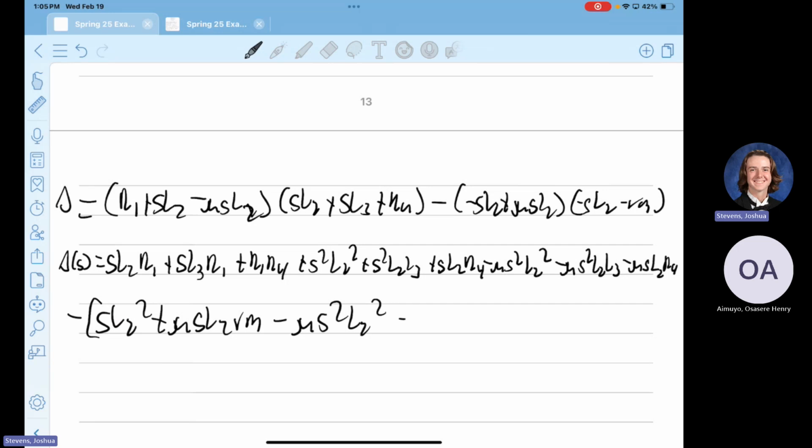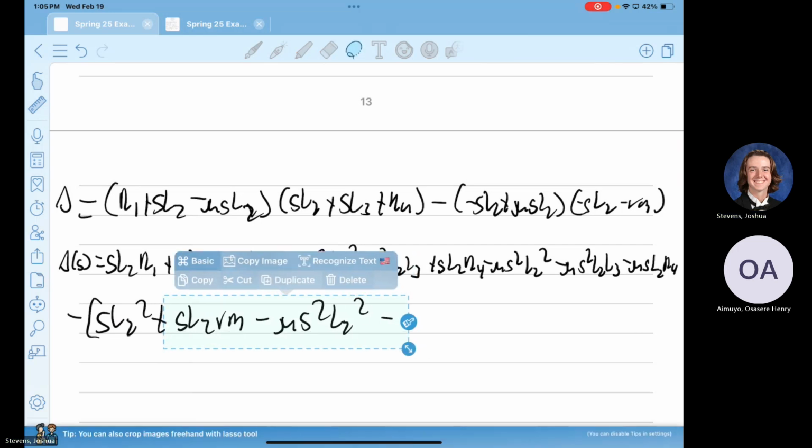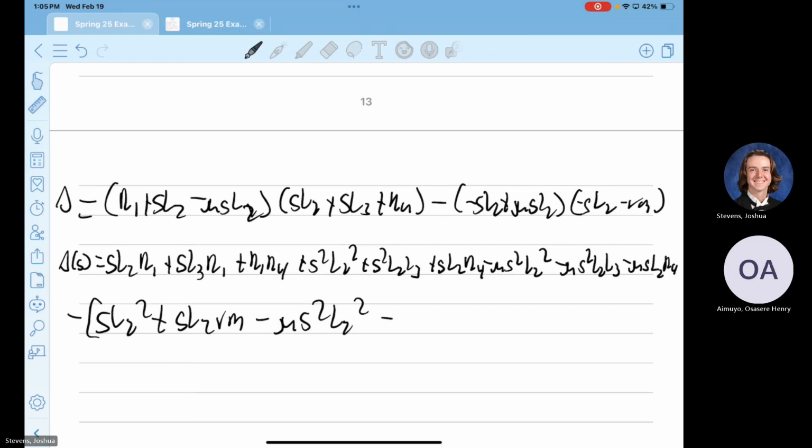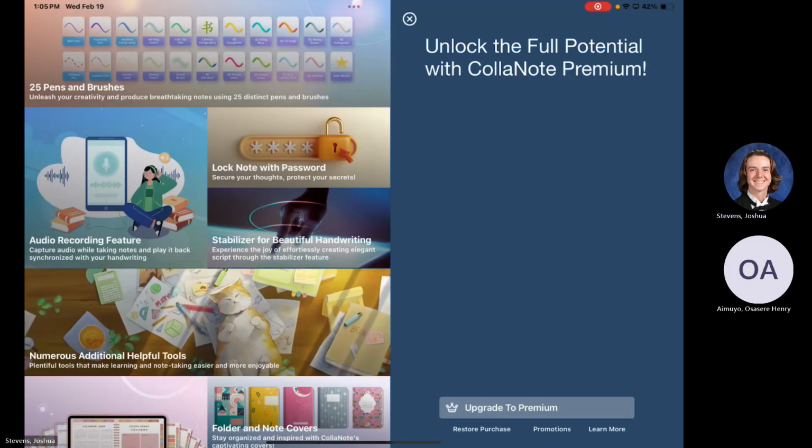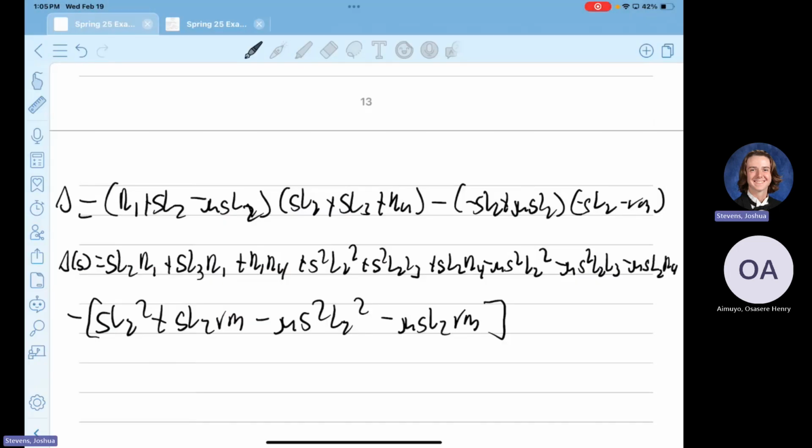Then I have a negative, wait. That mu is not supposed to be there. There we go. Mu SL2 RM. There we go. Does anybody agree? A lot of derivation, but okay. Let me just double check myself.